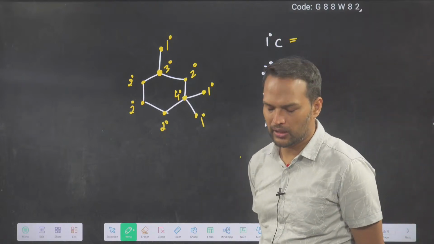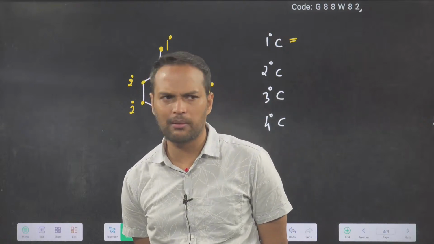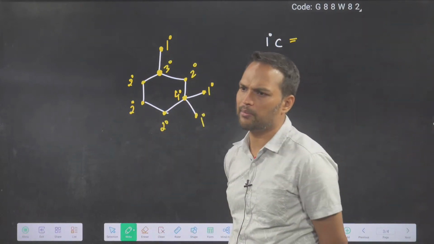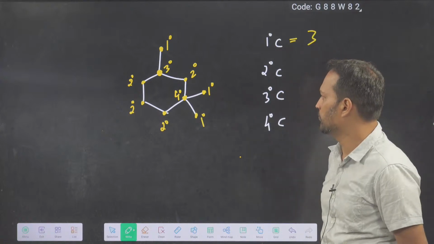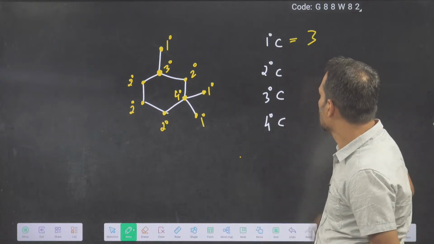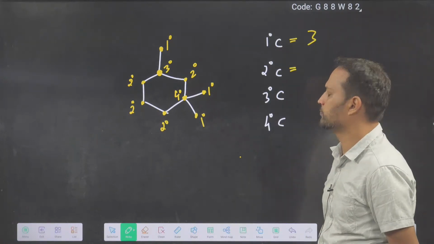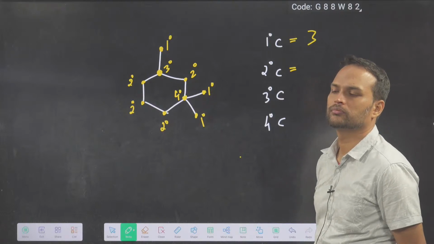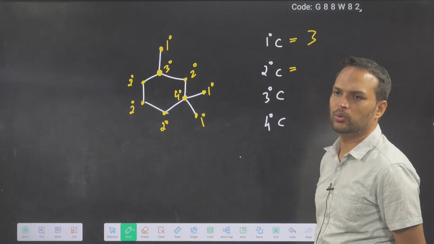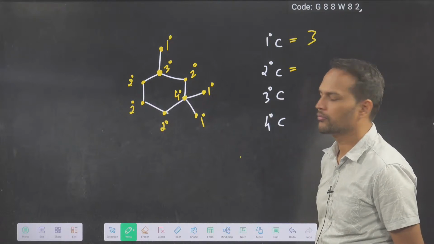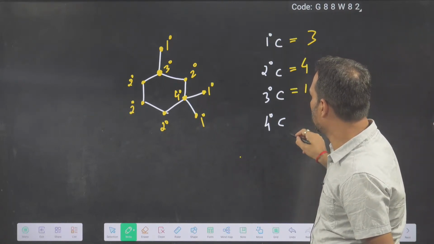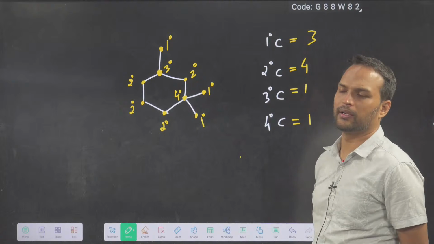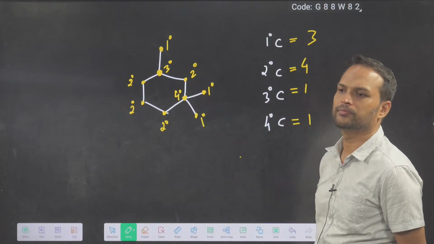See, I am asking you questions again and again. What you tell, I am writing that only. So how many 1 degree carbon? 3. How many 2 degree carbon? 4. How many 3 degree carbon? 1. How many 4 degree carbon? 1. Is it okay?